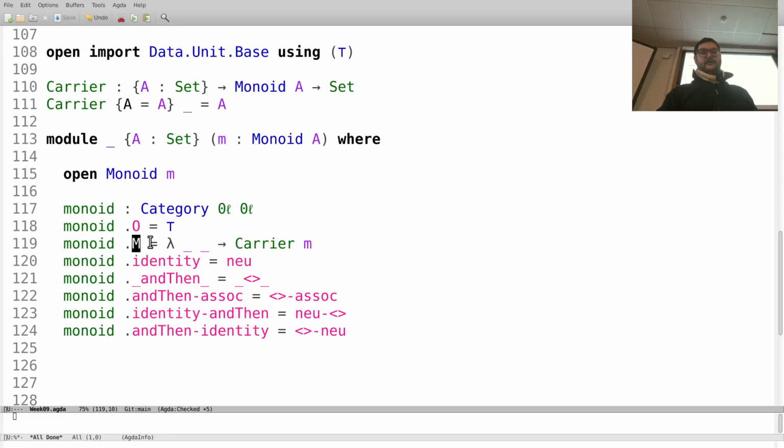So the morphisms are then values in the carrier of the monoid. If you have a picture, you have the unit type, a single point, and every value in your monoid, like M1, M2, etc., is just a path that leads back to that point.